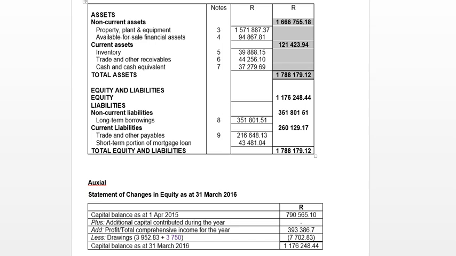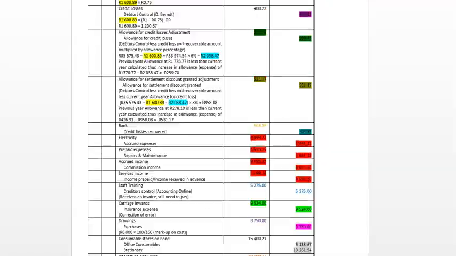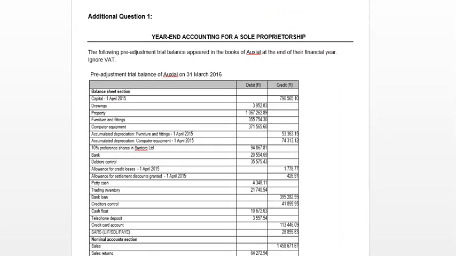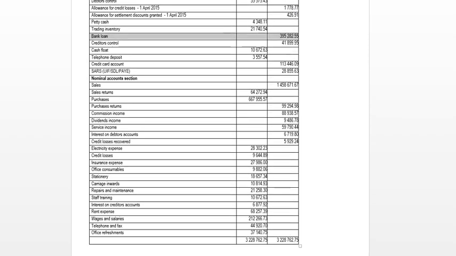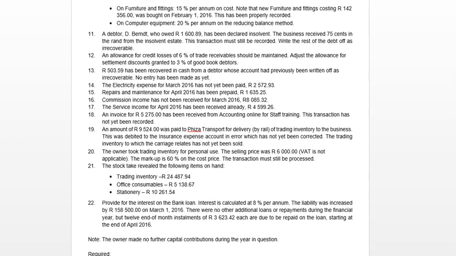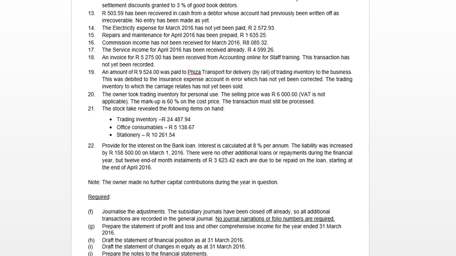1,788,179.12 cents. Now let's have a look at our long-term borrowings or our liabilities. And our long-term borrowings is going to be our bank loan of 395,282.55 cents. So that's our loan which we took out, but that loan we need to break up into what is the long-term portion and what portion relates to the shorter term.